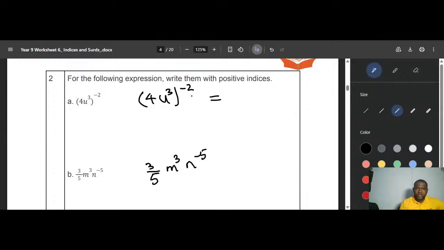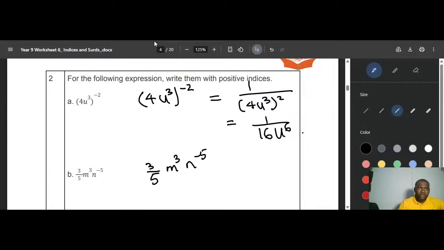So this negative index means 1 over 4u cubed raised to power 2. I already mentioned that. So having a negative power means 1 over. So that means if I should write this now, it should be 1 over. This square is for everything. 4 squared is 16. U cubed squared is u raised to power 6.